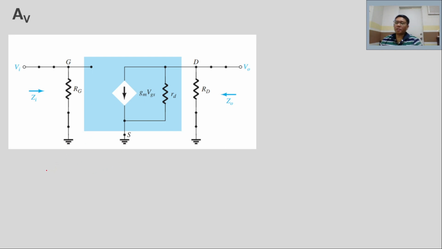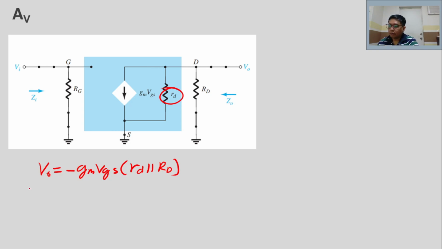This time we're going to determine the voltage gain A sub V, taking into consideration the effect of the output resistance r sub d. We have the equation for the output voltage of this is negative GM times VGS times the parallel combination of RD and rd. We know that the input voltage V sub I is equal to VGS.